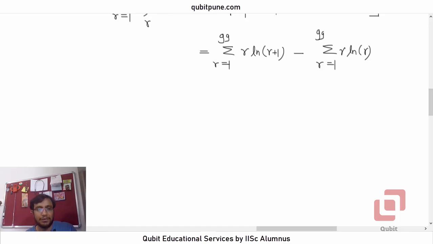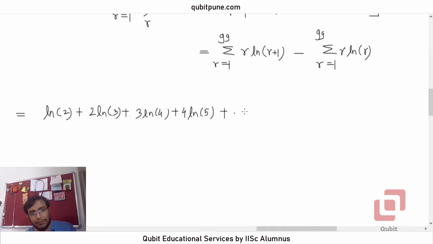Okay, so let us first write down the first few terms of the first series to get an idea of what our pattern is going to be. When r is 1, it will be ln 2, r is 2, 2 ln 3, r is 3, 3 ln 4, r is 4, 4 ln 5, and so on.